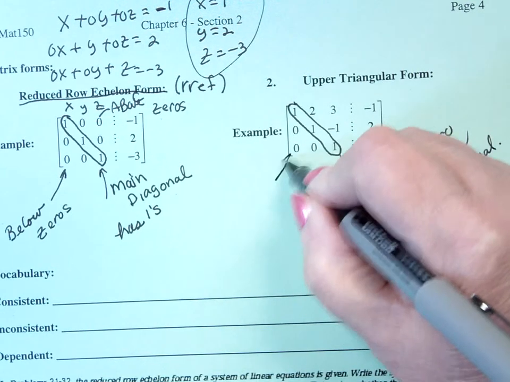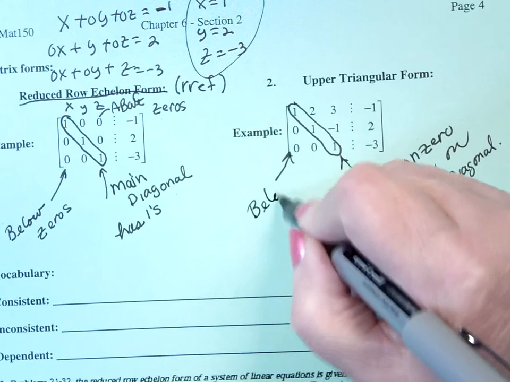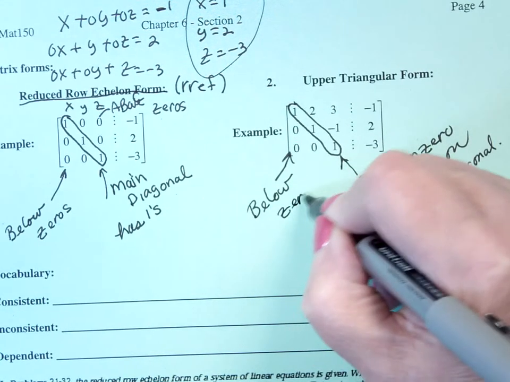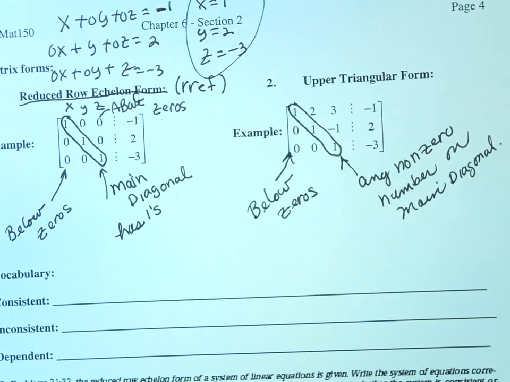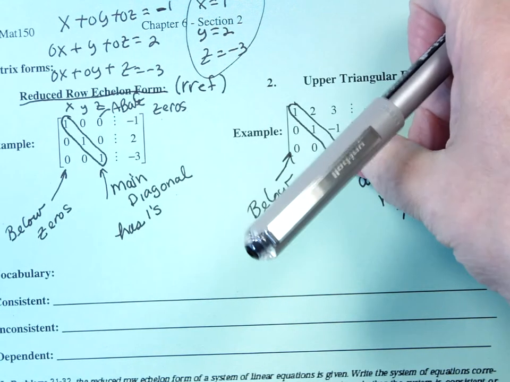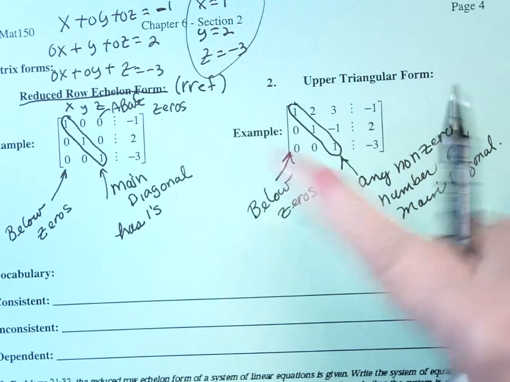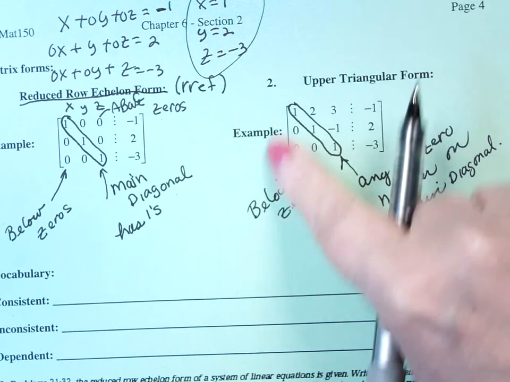And below the main diagonal is zeros. I don't care what's above. I don't care what's in this column. I can have any non-zero number on the main diagonal. In this case, I have ones. But the key is below the main diagonal, it's zeros.